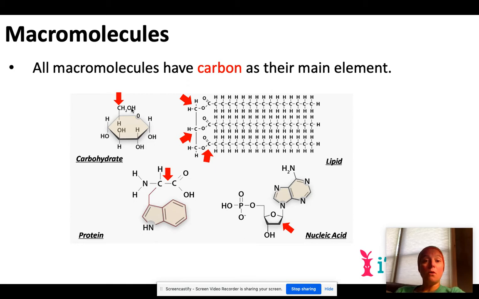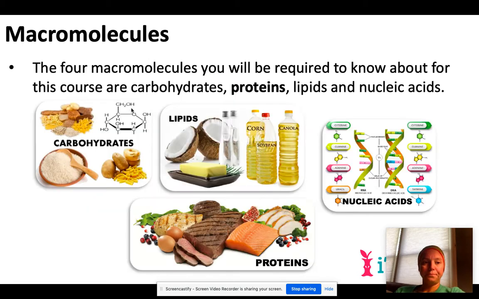We talked about how carbon has its own field of study called organic chemistry, because all living organisms are made of carbon, and carbon can do some really cool things. In that field of study you look at carbohydrates, lipids, nucleic acids, and proteins. All of those are made of carbon.